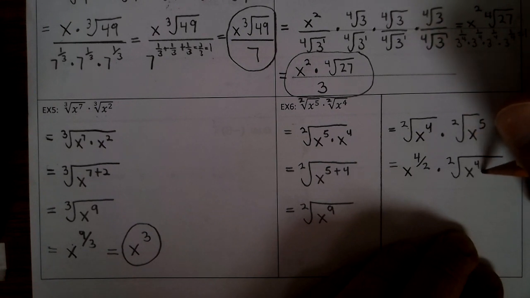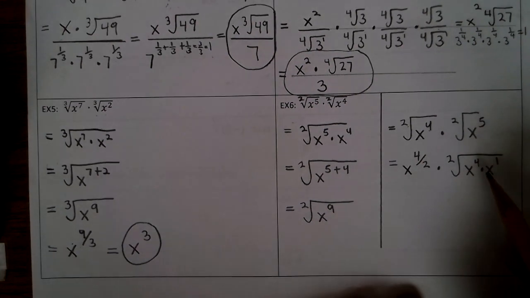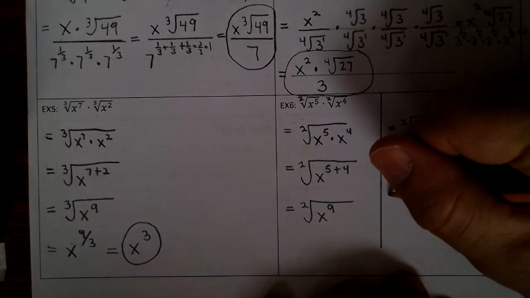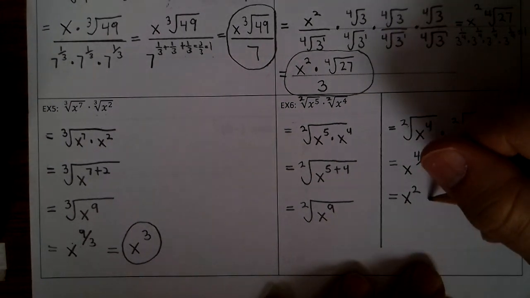This becomes x squared times the square root of x to the 4th times the square root of x to the 1.